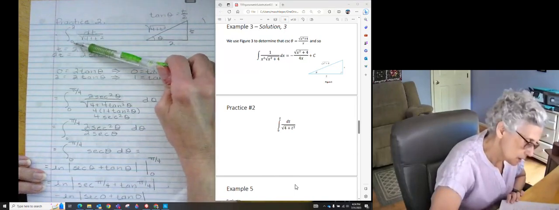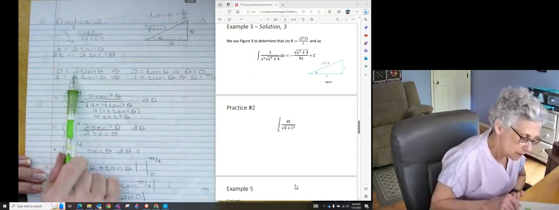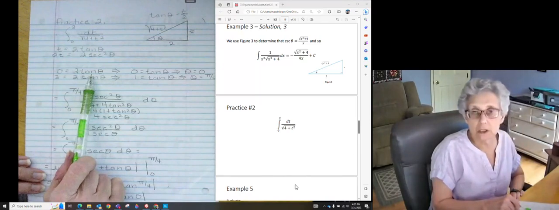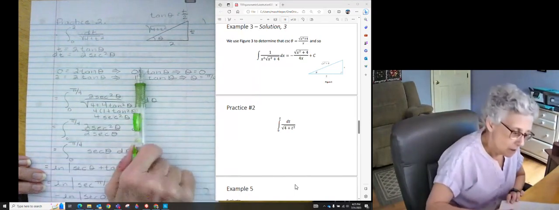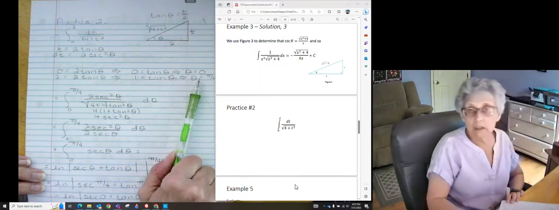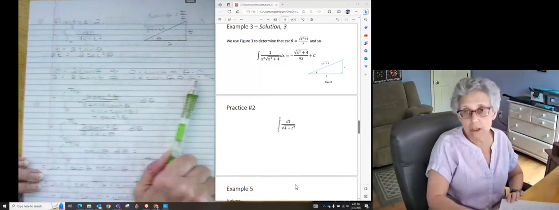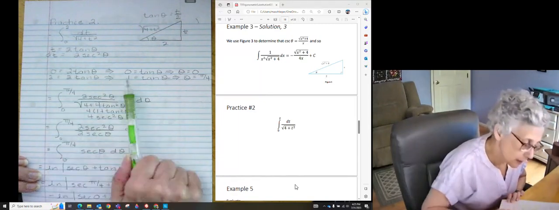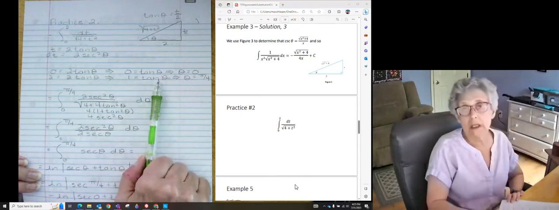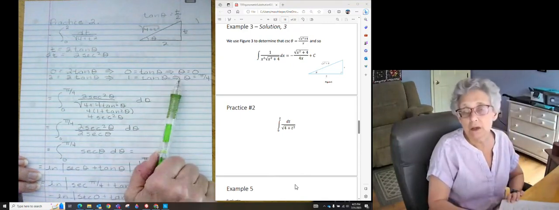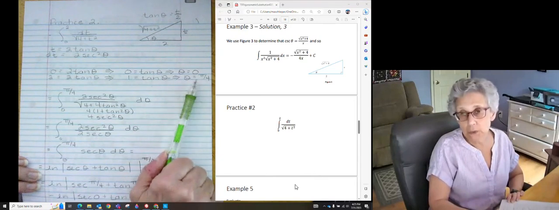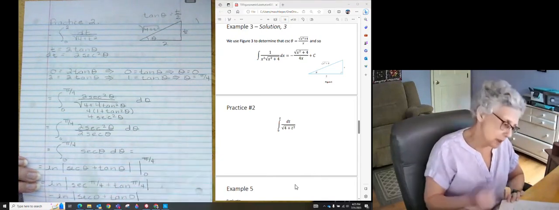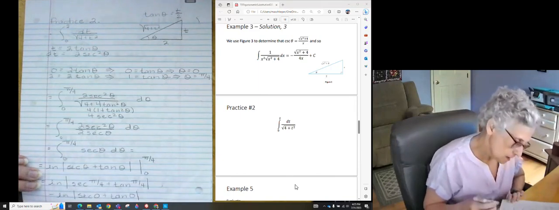So if t is equal to 0, then 0 is equal to 2 times the tangent of theta. So theta is equal to the inverse tangent of 0, which is 0. If 2 is equal to 2 tangent of theta, then 1 is equal to the tangent of theta. And so theta is the inverse tangent of 1, which is pi over 4, where sine is equal to cosine.